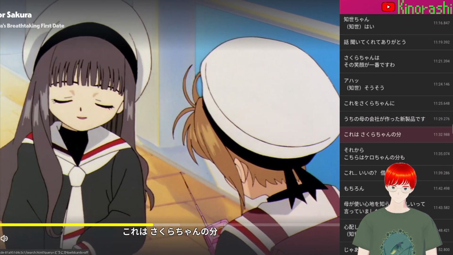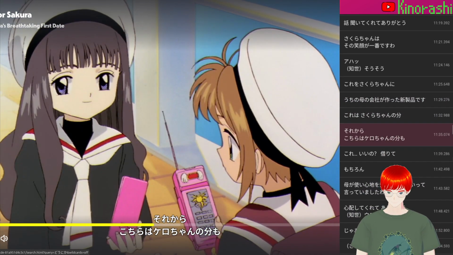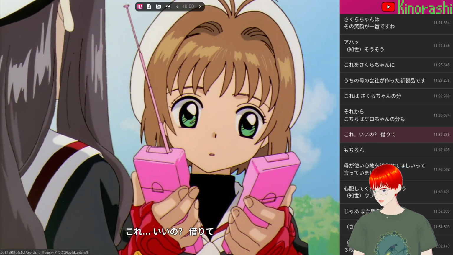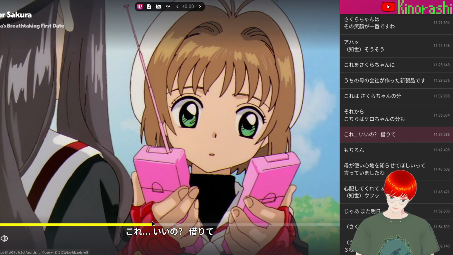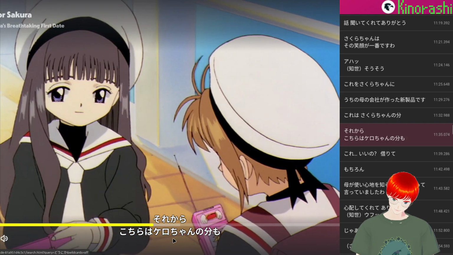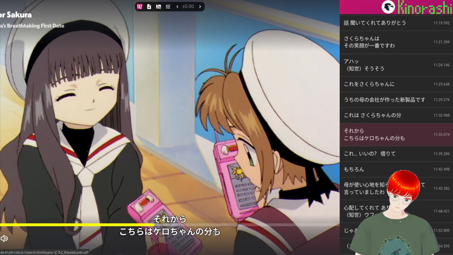Oh, by the way, that mo on the end, I forgot to mention that. That's what gives it that "also" connotation. And this kochira wa, I translated as this, but it more literally means this direction, just because of the way you refer to things in Japanese. So, sore kara wa Kiro-chan no bun mo. So this is also for Kiro-chan.